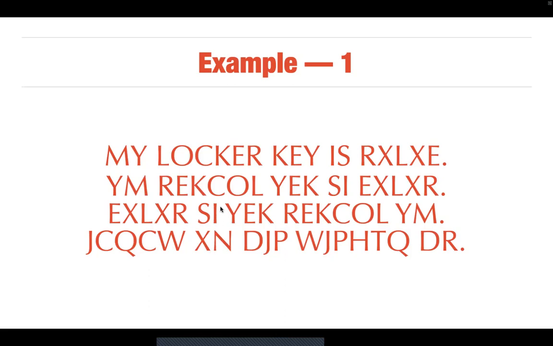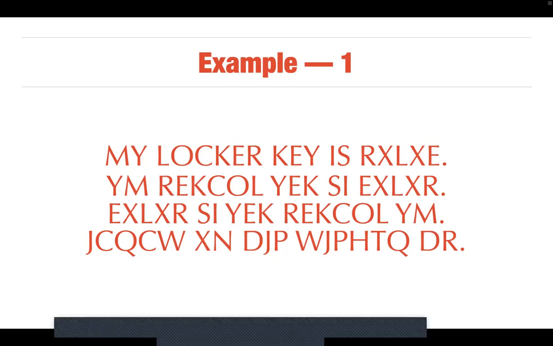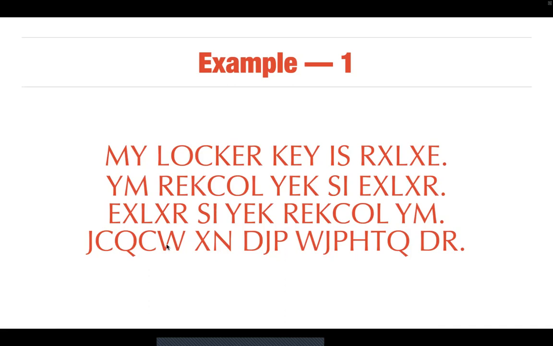If we divide E, for example, E is 5, right? So we divide by 26 and the remainder is 0. No, the method is, first of all, you pick up a number. For E, you add 5 to it, you get 10.